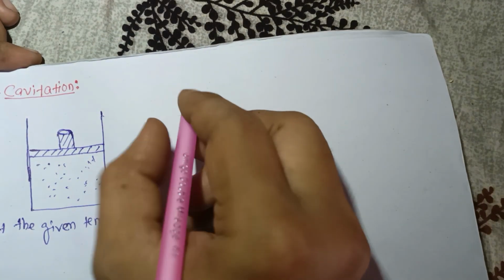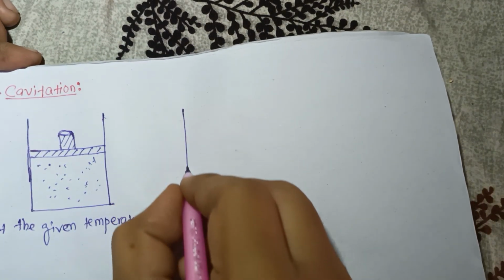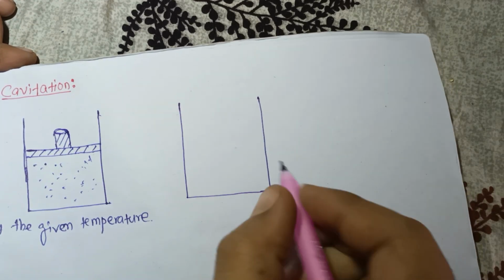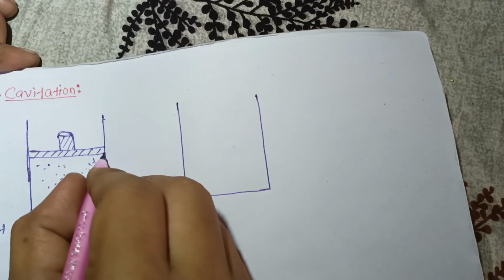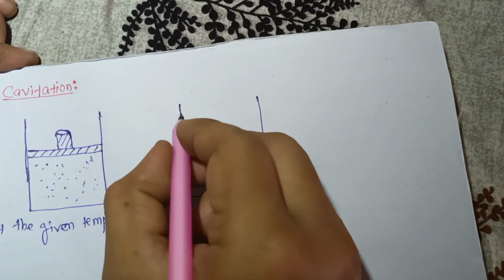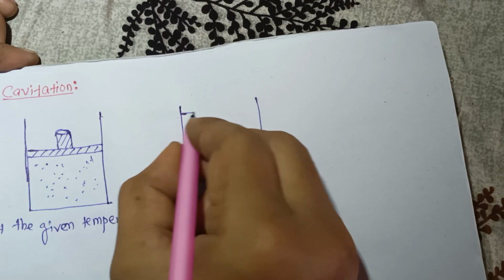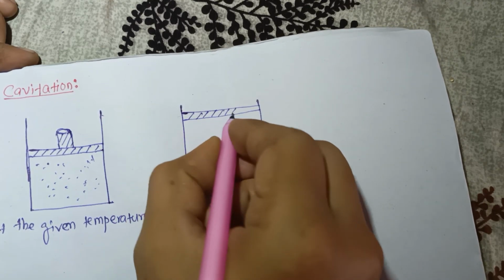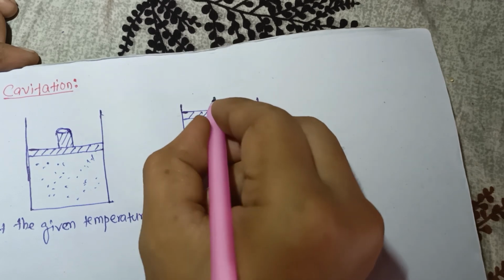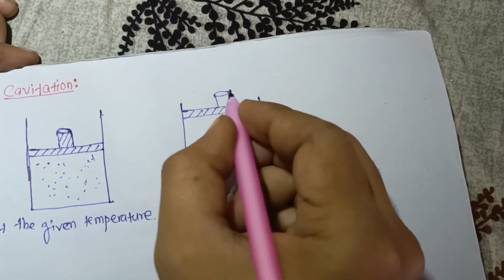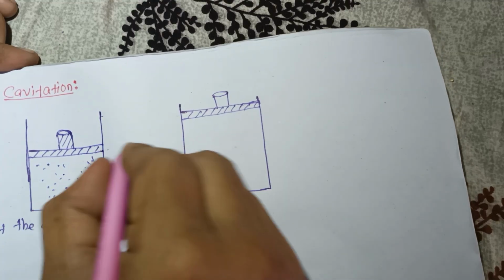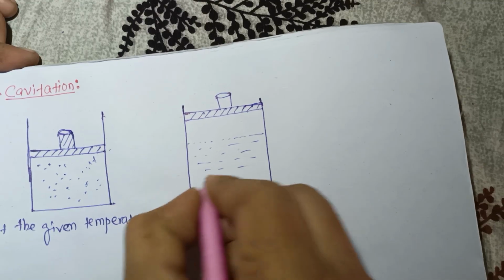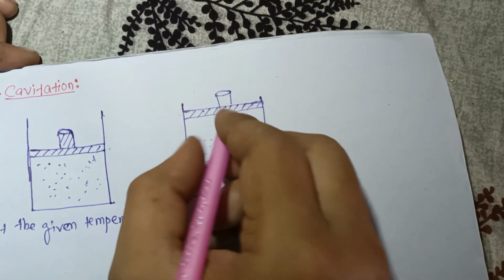So there is another piston cylinder arrangement or another system, and consider the displacement of the piston in the upward direction. Suppose there is a displacement. This is the displacement of the piston. So due to this displacement of the piston, here there is a liquid level, and after that a vapor pressure is created.